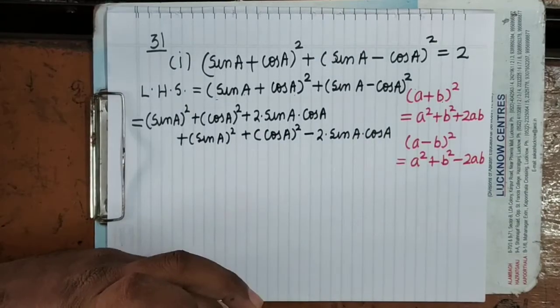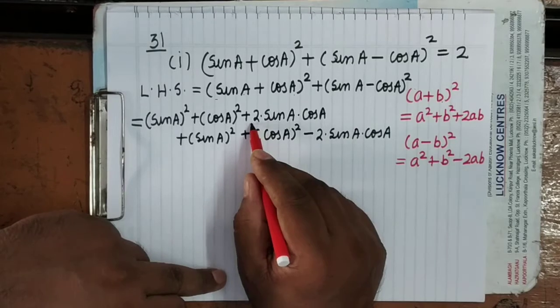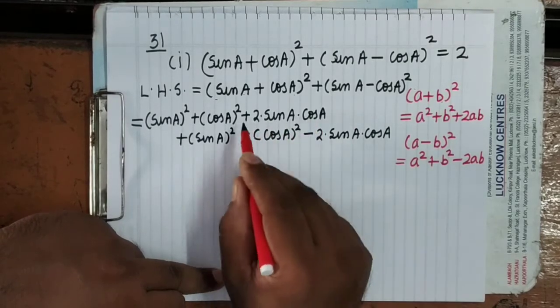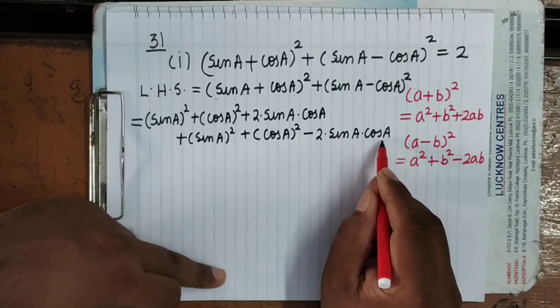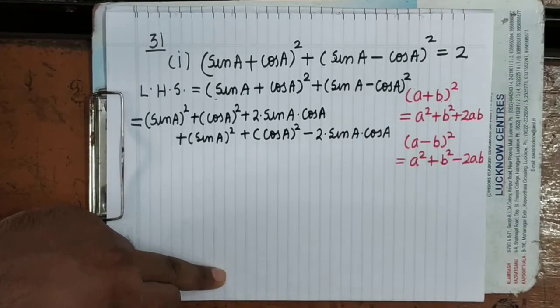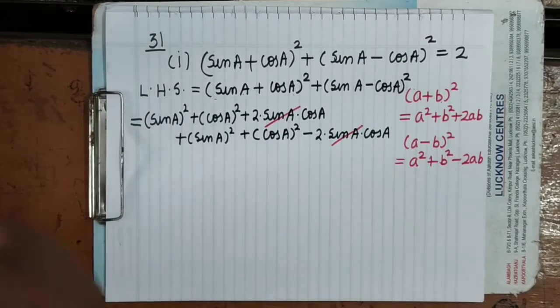Now if you see here, there is the term 2 sin A cos A with a plus sign, and the same term 2 sin A cos A with a minus sign. So you can cancel it. It's clear?